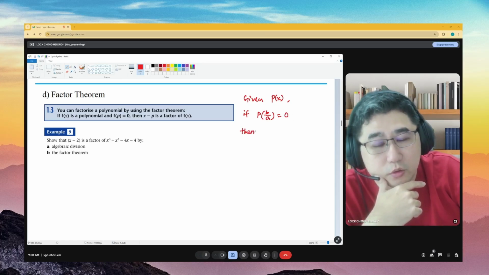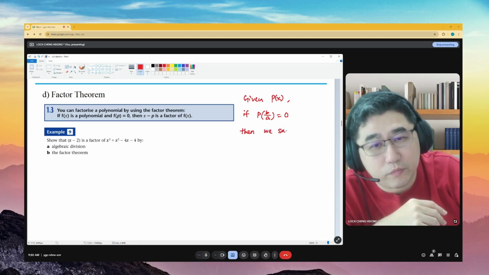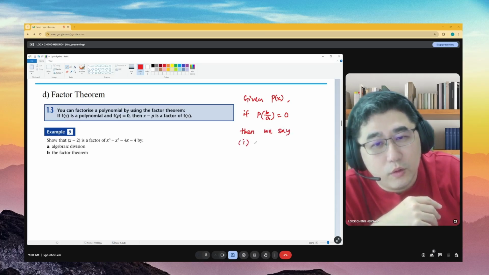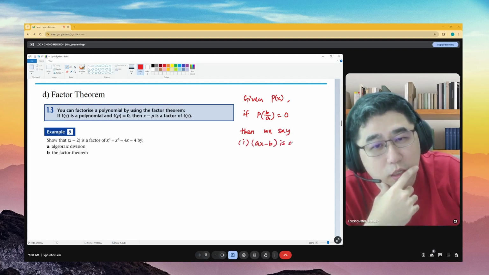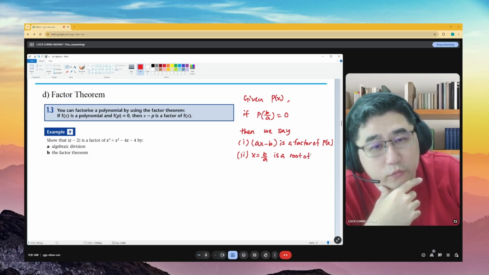Then we have two possible outcomes. We say ax minus b is a factor of p(x), or we say x equals b over a is a root of p(x) equals 0.